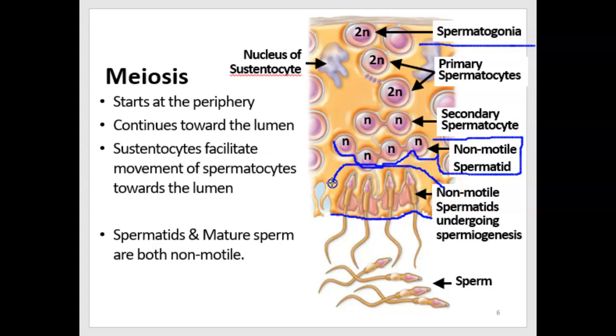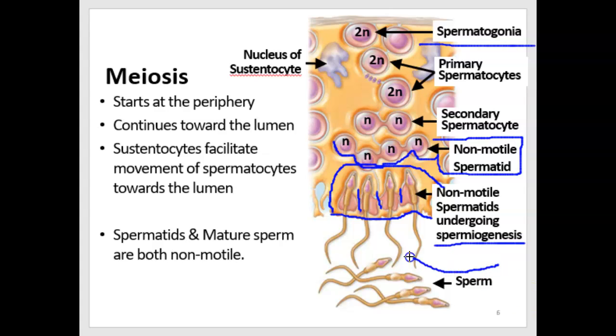These four products of meiosis II are kind of attached to each other, and they're going to separate, and maturation is going to take place. But right now, they're still considered non-motile. They're just developing into mature sperm by a process called spermiogenesis.